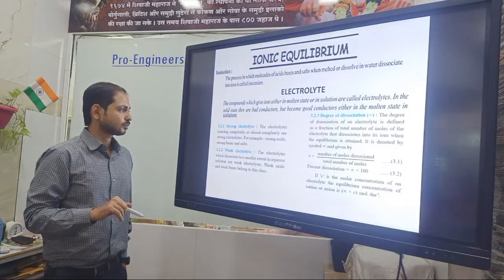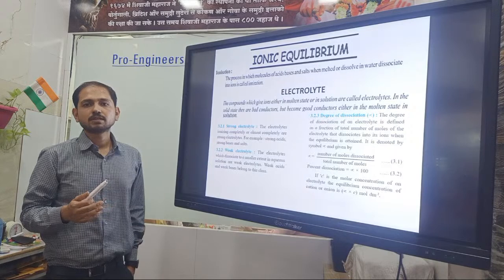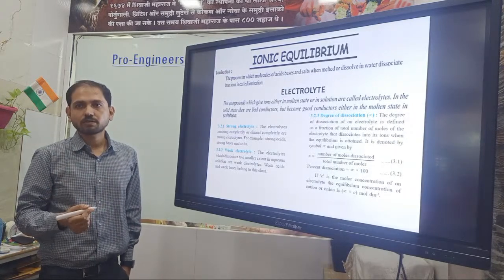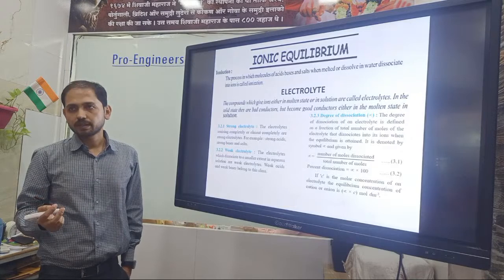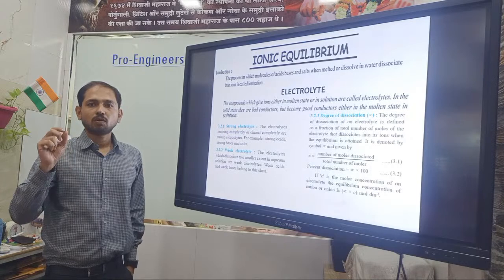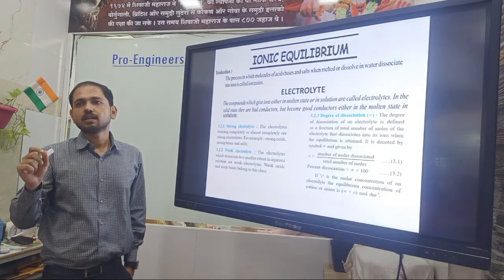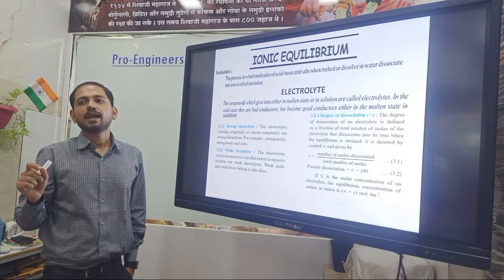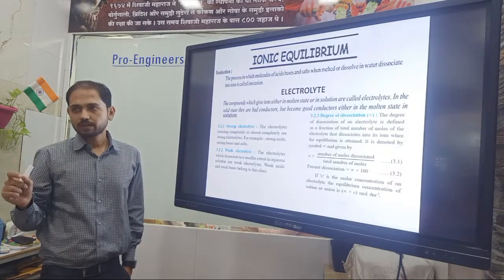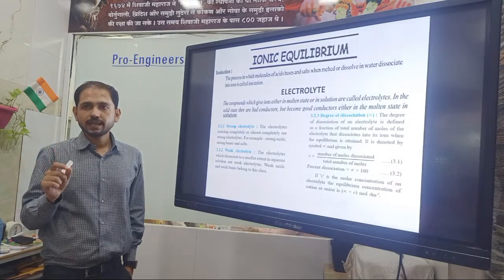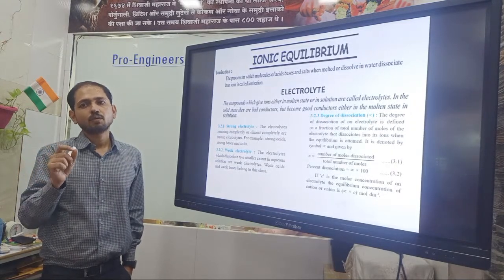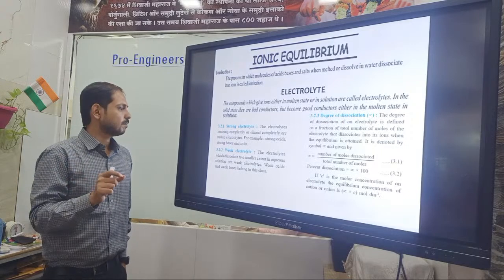Sometimes students get confused in identifying which one is the strong electrolyte and which one is the weak electrolyte. So I am telling you in very simple words: all the strong acids, strong bases and salts are considered strong electrolytes, and weak acids and weak bases are considered weak electrolytes.